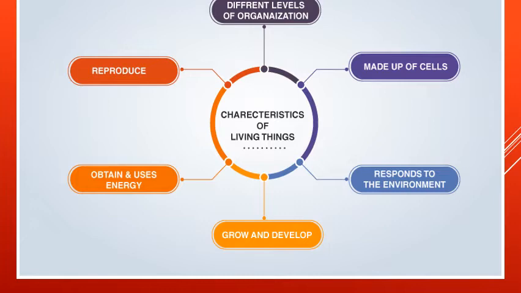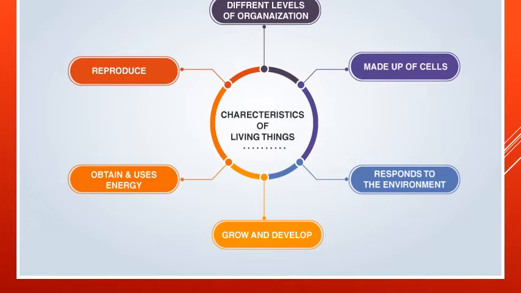So what is the basic difference between living and non-living things? We have also seen some characteristics that are shown by living organisms and not shown by non-living things. There were many characteristics. Living things can grow, non-living cannot grow. Living things can breathe, non-living cannot. They can excrete, they cannot excrete. Many characteristics we have studied.